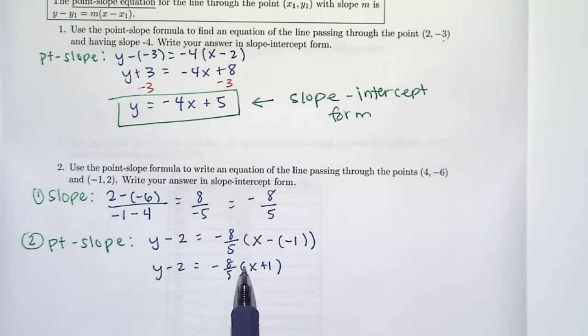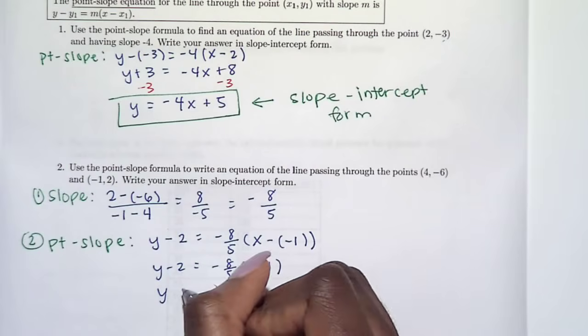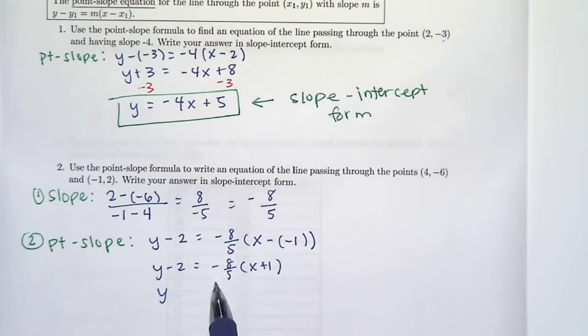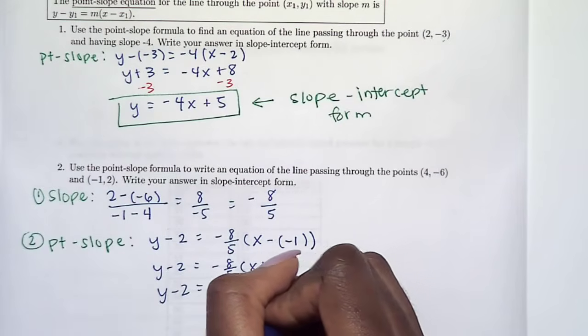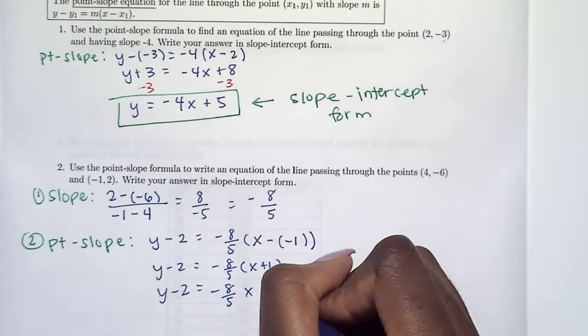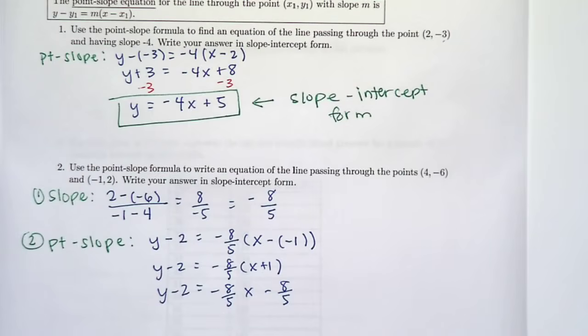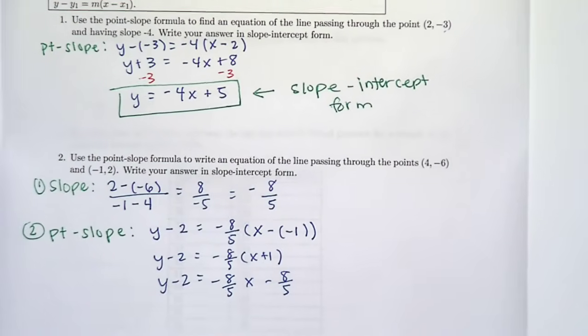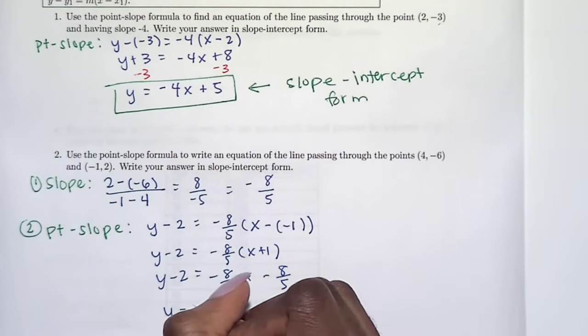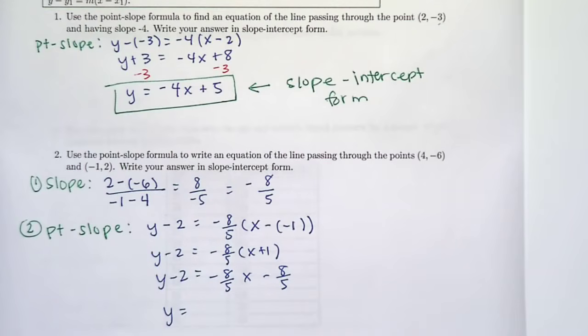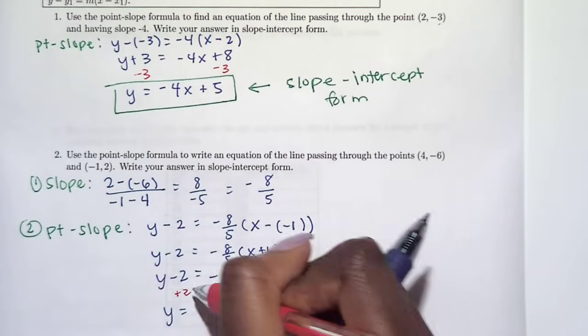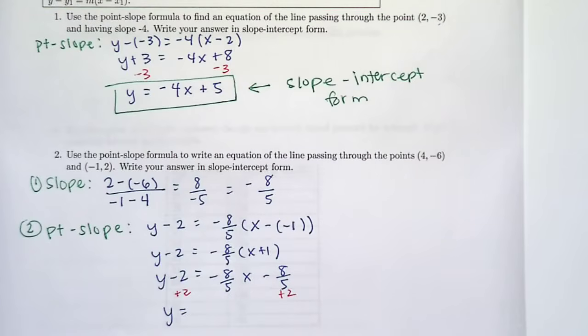Then I'm going to distribute the -8/5 to the x and the +1. All right, and solve for y by adding 2 to both sides. I'll write that in.